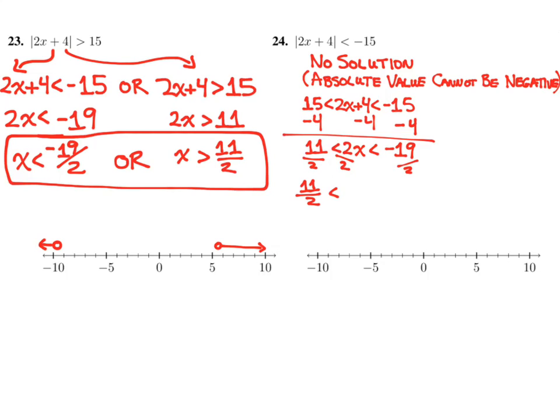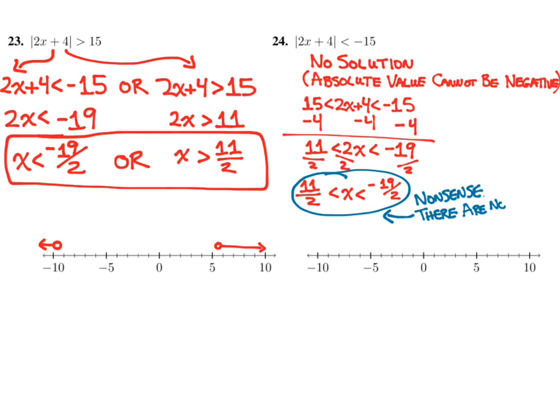It's kind of fun times. And then you're stuck between 11/2 and -19/2. And that's crazy talk, because you can't be above 11/2 and also below -19/2 at the same time. You can't be more than 5.5 and also less than -9.5 at the same time. Don't even try.